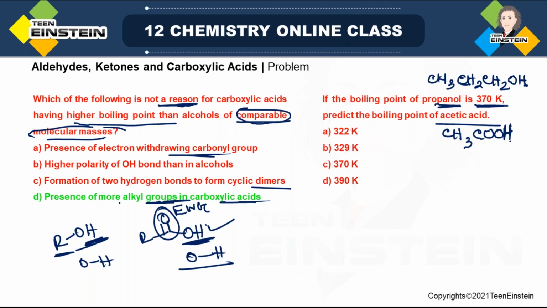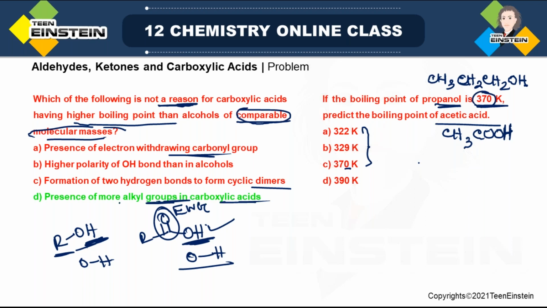Right? Now here the values given in the options are 322, 329, 370 and 390. Now 370, and if you look at the values, A and B are lesser than 370, option C is the same value, and option D is a higher value.